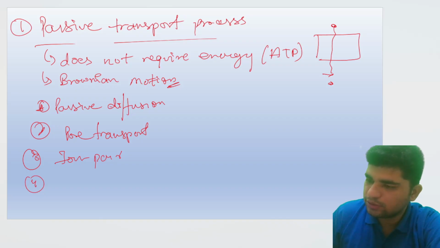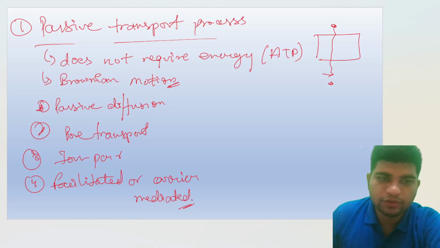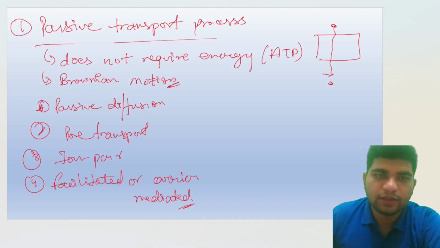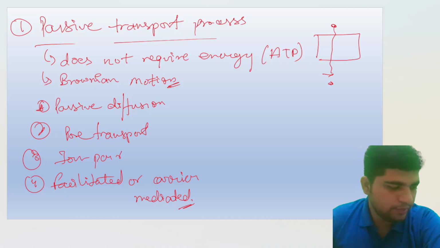And the fourth one is facilitated or carrier mediated. So there are four types of transportation in the passive transport process: passive diffusion, pore transport, ion pair, as well as facilitated or carrier mediated. Let's move on to the next part. We now have the active transport.